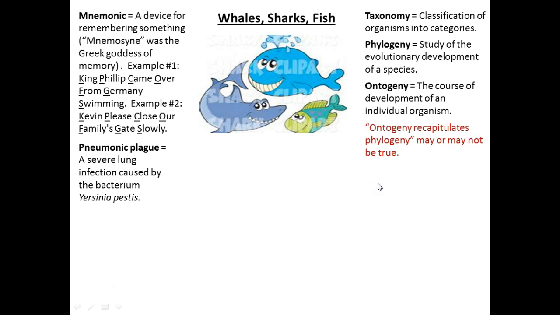So there is this possibility that our development gives us a clue into our ancestry, the fact that we do have a tail during development. And that helps link us to monkeys and apes and things like that that do have tails. So this may or may not be true, that ontology replicates phylogeny or phylogeny replicates ontology.